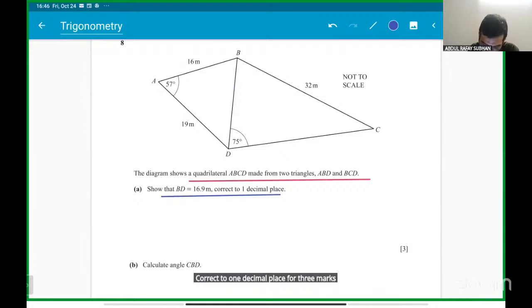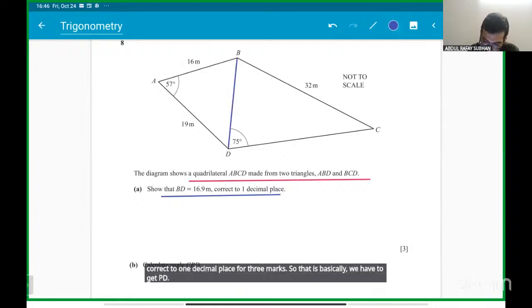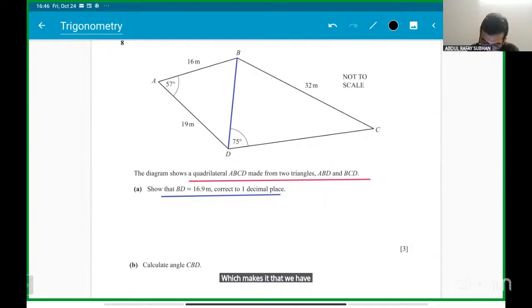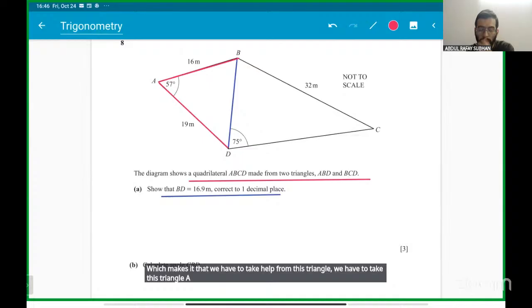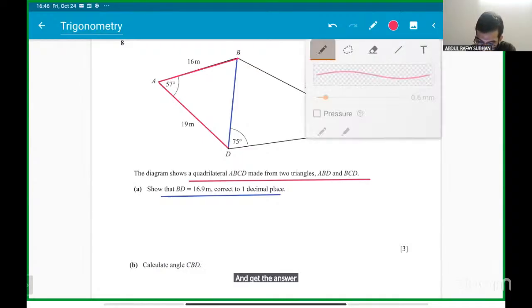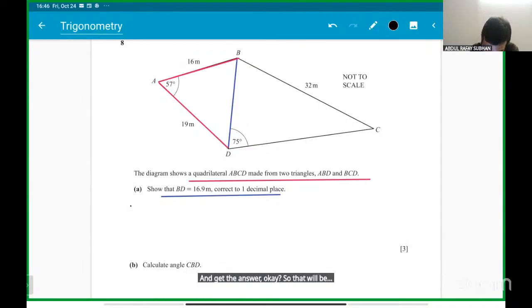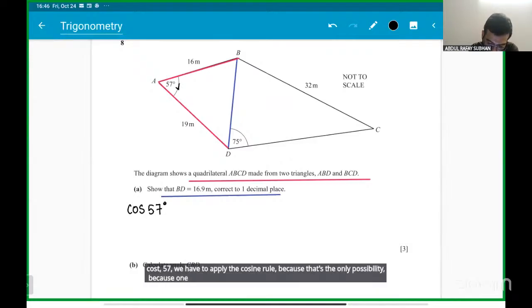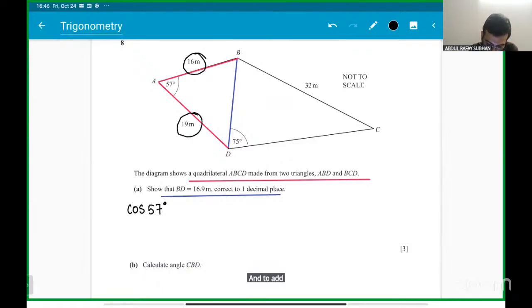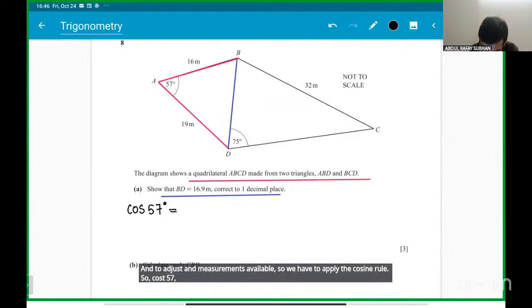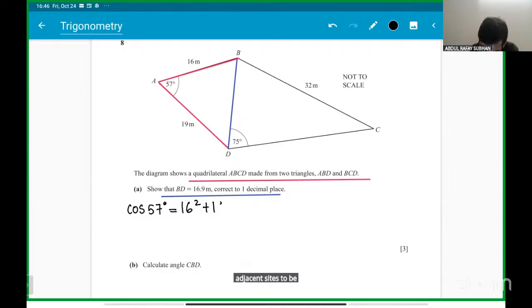So we have to get BD, which means we have to take help from triangle ABD and get the answer. So that will be cos 57. We have to apply the cosine rule because that's the only possibility, since one angle and two adjacent measurements are available. So cos 57, adjacent sides to be added minus the opposite side to be subtracted.